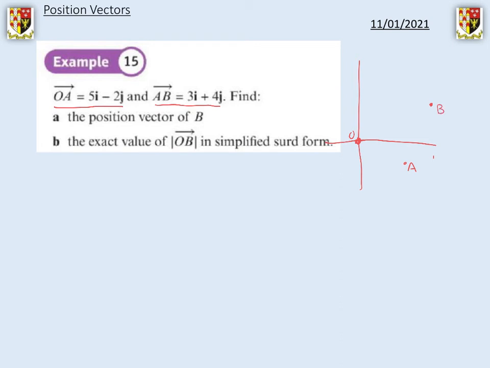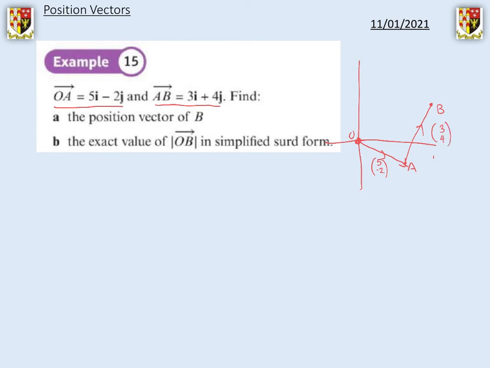So we could use our diagram to help us if we wanted to, and we could just write it as a column vector. So to go from O to A, I've got to go 5 right and 2 down, and to go from A to B, I've then got to go 3 right and 4 up.